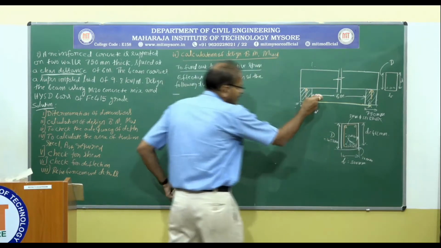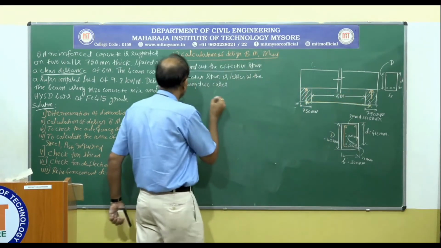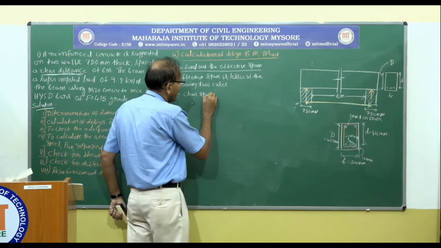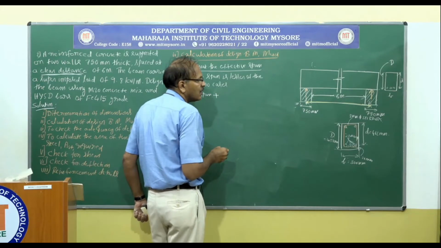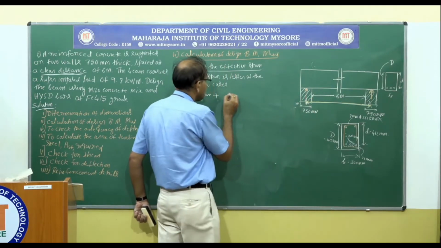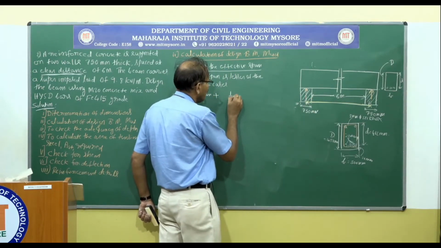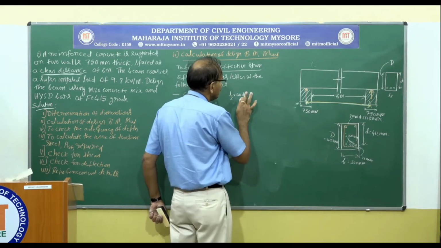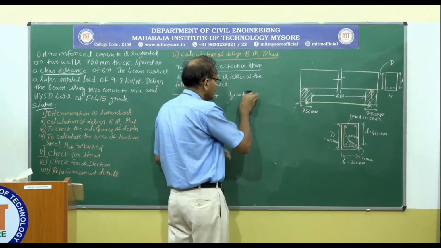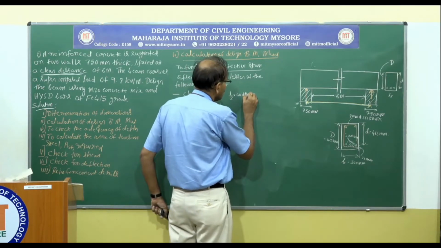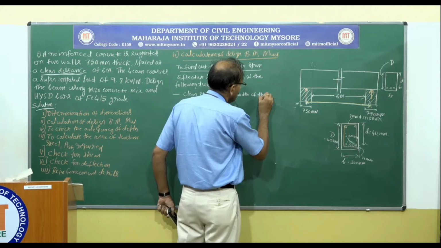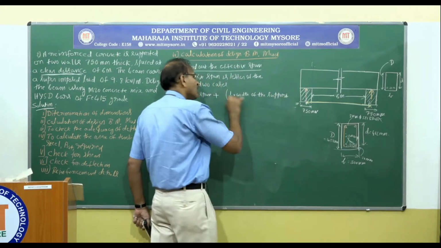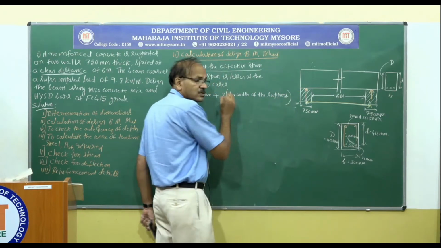So what is that distance? 6 meter, that is a clear span, plus half the width of the support, 2 times.